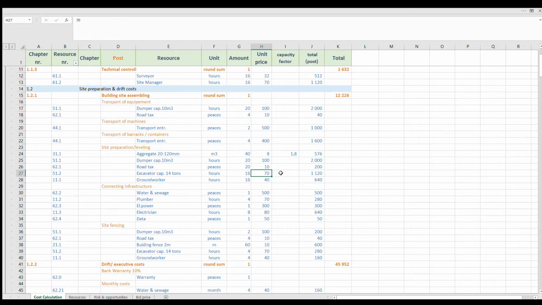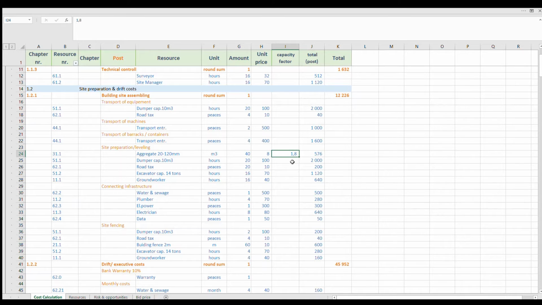But maybe not just that. Electric excavators can have a little lower capacity than usual ones. So I have this column here for capacity factor, where you can reduce or increase these capacities for machines. So just think about it.